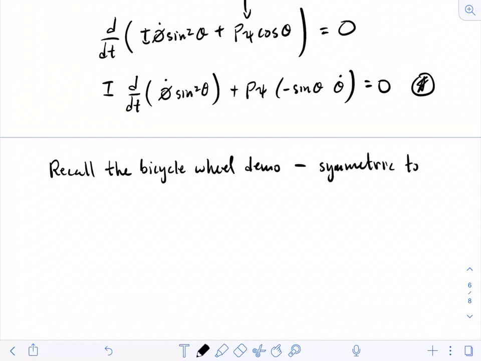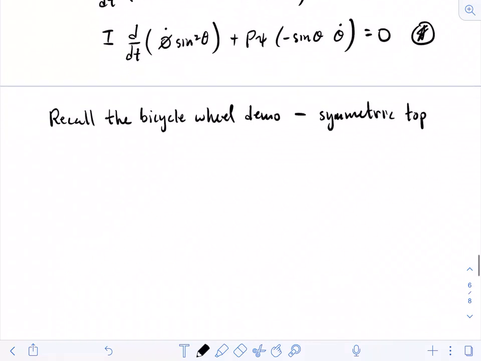So it has a symmetry axis, which we'll call the z-axis in the rotating frame, and the rotational inertias perpendicular to that are equal: I1 is equal to I2 is equal to I. When we did this demo, we spun the wheel really fast, and then we hung it from its axle so that the string attached to the ceiling was our z prime axis, and we kept the axle perpendicular to that string.